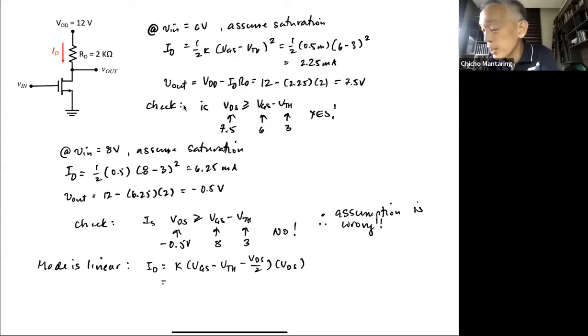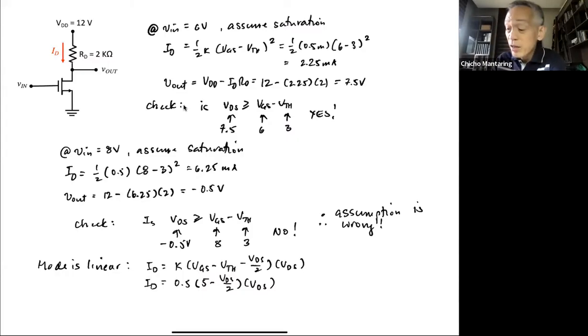So this is 0.5, VGS minus VTH: VGS is 8, VTH is 3, 8 minus 3 is 5. 0.5 times (5 minus VDS over 2) multiplied by VDS. But how do I solve for ID when I don't know what VDS is? I cannot solve for ID unless I know VDS.